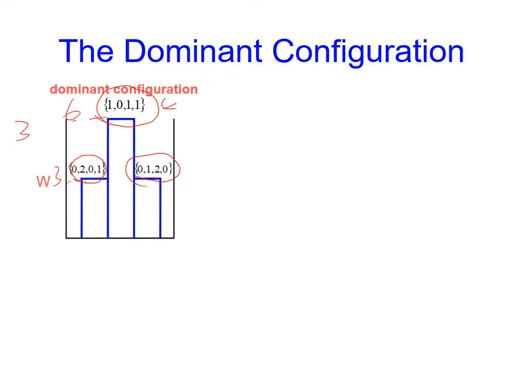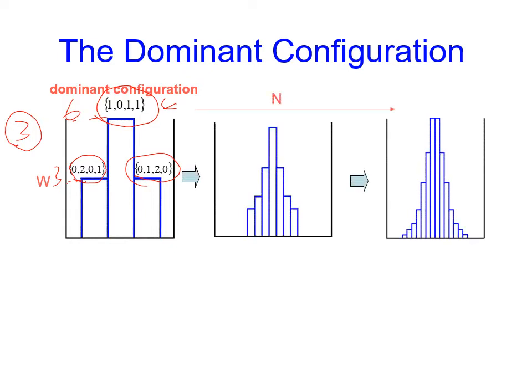Now, if we increase the number of particles from 3 to 7 to 14, you can see the number of arrangements for the dominant configuration becomes increasingly large compared to other configurations.